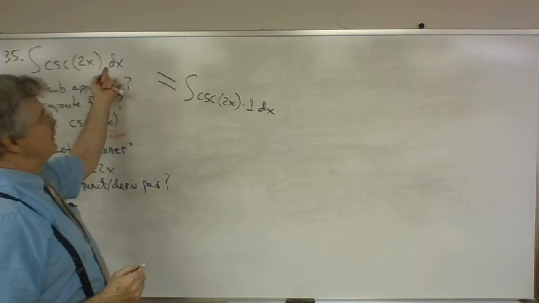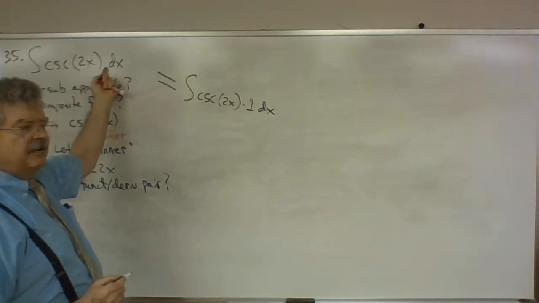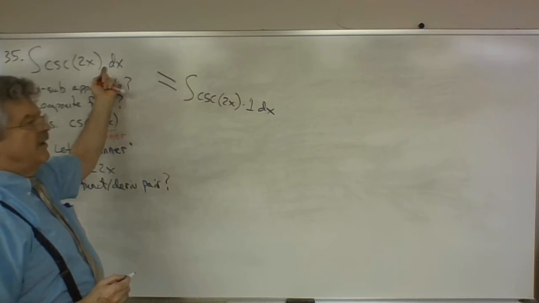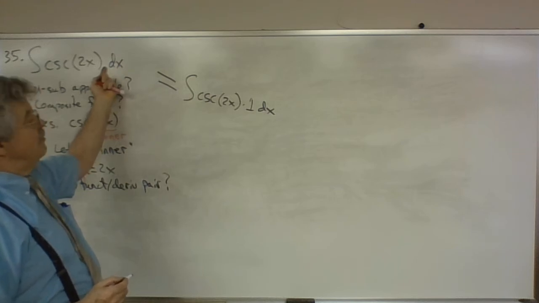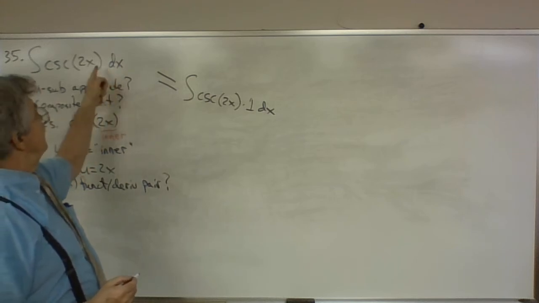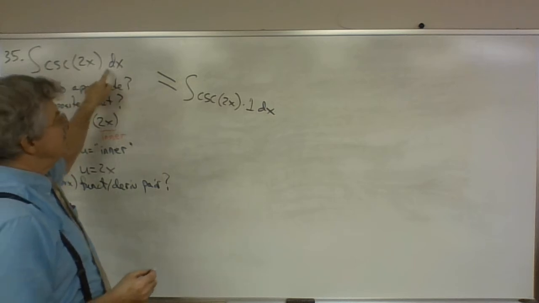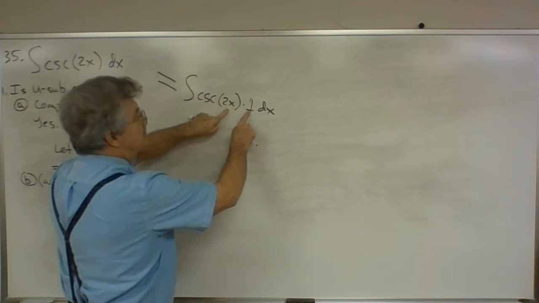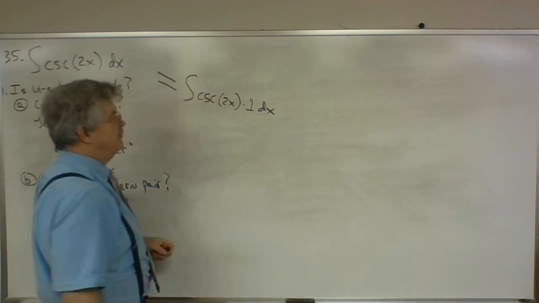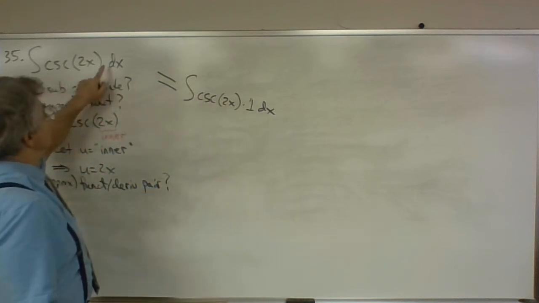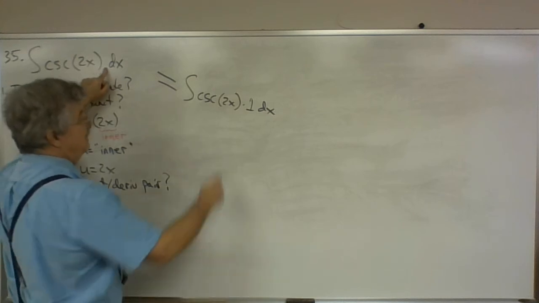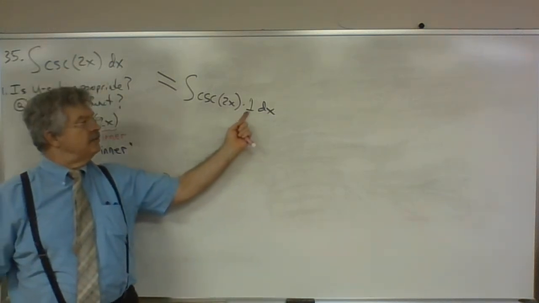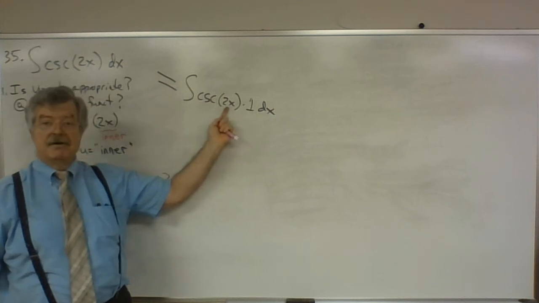It doesn't appear explicitly in the original form of our exercise, but anytime we have an expression like cosecant of 2x, we can always multiply it by 1. We don't change the value. So even though we don't see a factor of 1 here, it's here. And this is going to be approximately the derivative of the inner function.